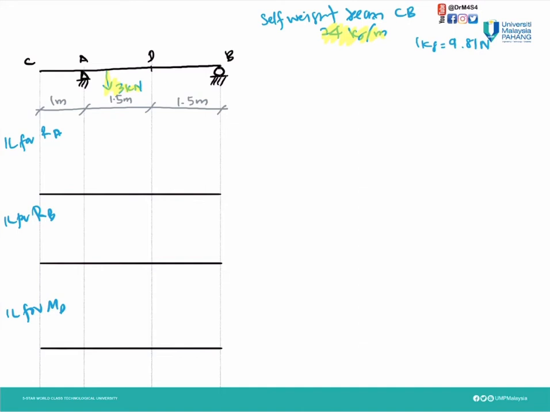Now we need to identify the influence line for RA, the reaction at A, the influence line for RB, the reaction at B, and the influence line for MD at point D here. For the influence line of RA, we release the support at A, then introduce a force at point A. Then we get 1 here, and this is the deflected shape for that case.